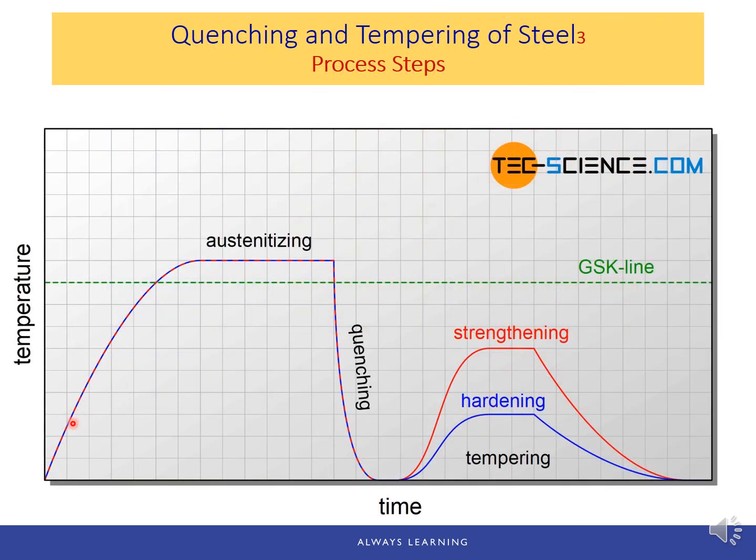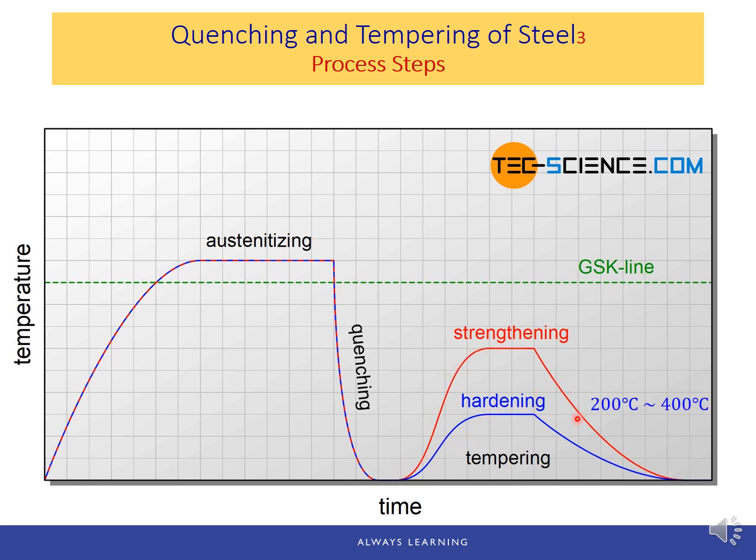So now we can visualize these 3 steps for quenching and tempering, which is plotted in this time temperature plot. Austenizing, heating to above the GSK line into the austenite region. Quenching, a rapid cooling to below gamma alpha transformation. And tempering can happen at 2 different temperatures.